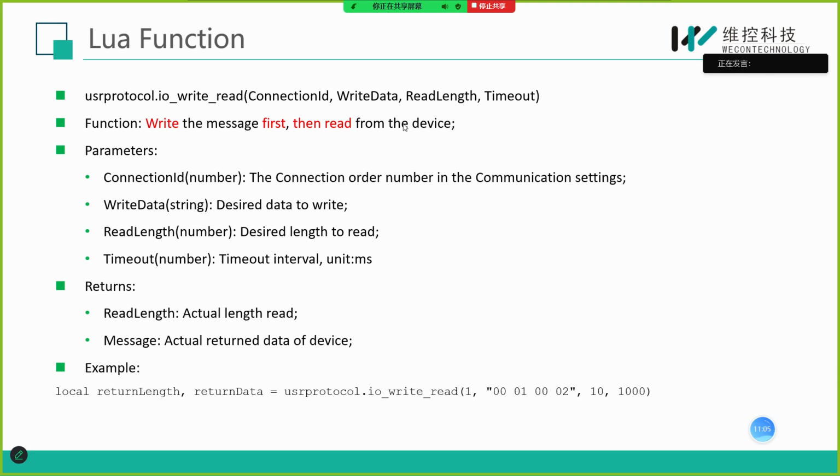This is probably the one we use most commonly in the user-free protocol. Same as the functions above, it requires us to input the ID, the read length, and the timeout.